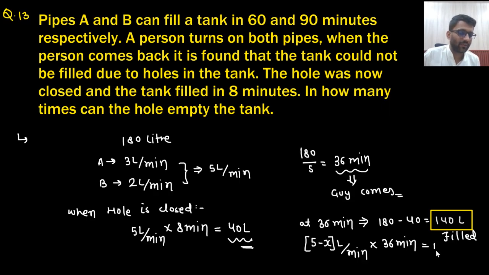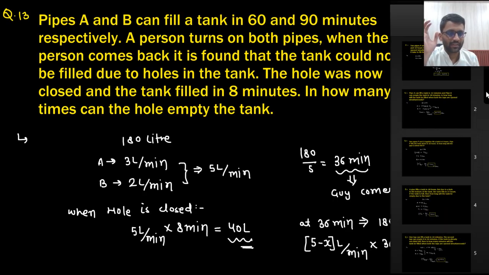And how much did they fill? 140 liter. Do you agree to this equation? Look, I think you should be able to solve this. This much aptitude you should have. 140 liter was filled in 36 minutes. Both, 3 plus 2, were giving 5 liter per minute. What does that mean? There was a hole which was taking some water. How much water it was taking, we don't know. That we are finding. So (5 minus x) into 36 is 140 liter.